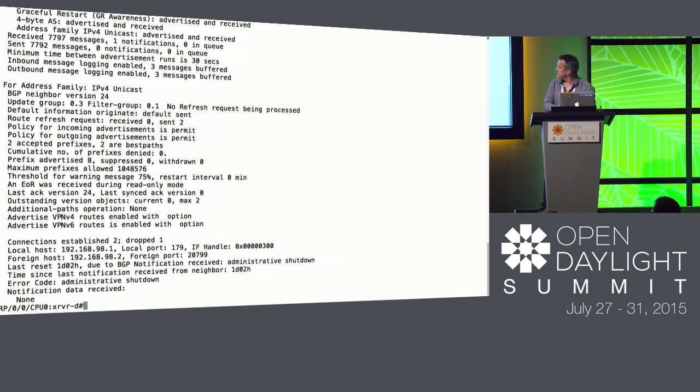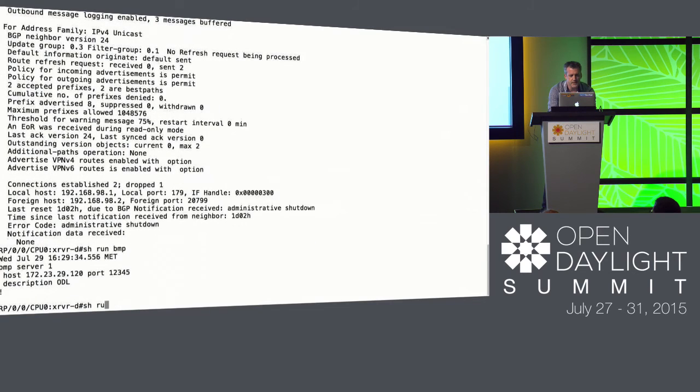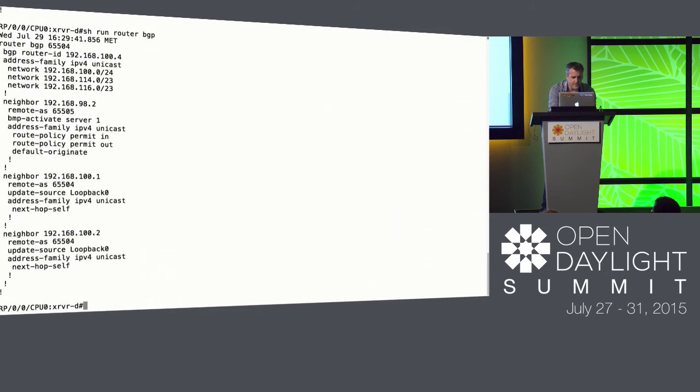What's interesting, if you look in the config, is we have BMP running on port 12345, because I'm very creative. If you look at BGP, for that one neighbor, I've basically fired it at BMP. So everything I learn from him, I'm passing on to the BMP server. And as I said, I'm going to do that before I've made my own best path selection, which is why you can now see it for that guy.